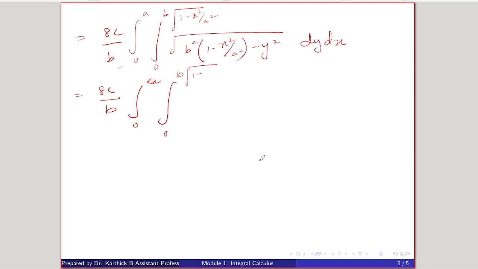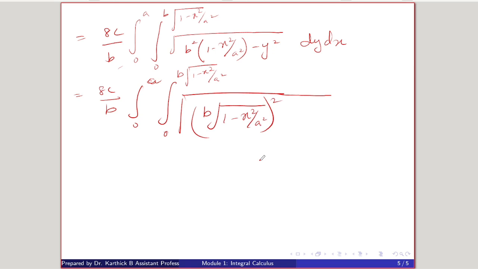Just simply 1 minus a square, and I may take this term as square root of b into 1 minus x square by a square, the whole square, same as the limit, because we may use a substitution method to simplify this expression.